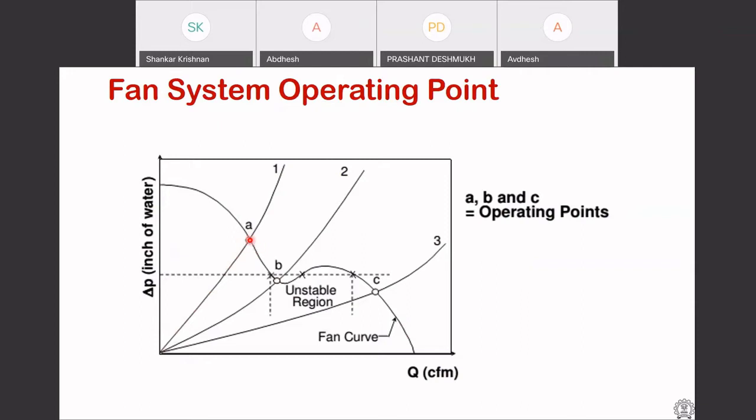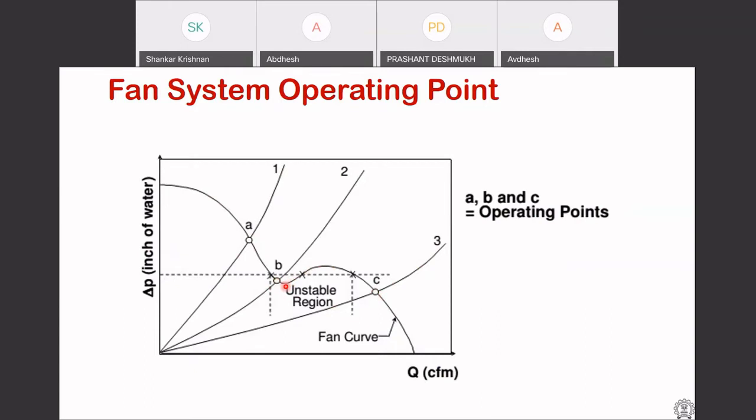If I change the heatsink from heatsink number 1 to heatsink number 2, then I get this second curve, the operating point B. And if I change it to another low pressure drop heatsink, then I get curve number 3. What really happens is that in a fan curve, you always see a knee, and then there is a slight rise, and then it falls off.